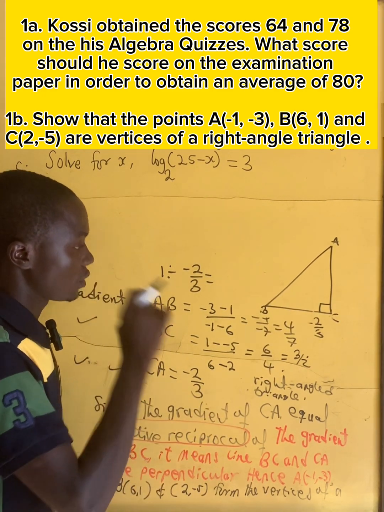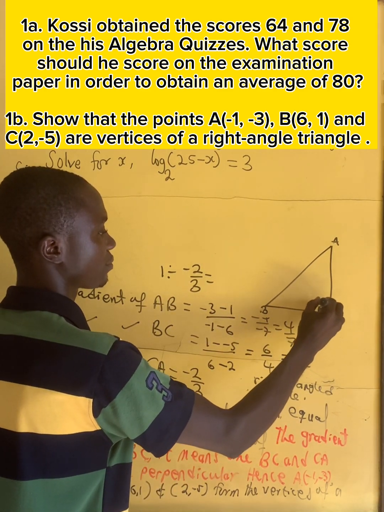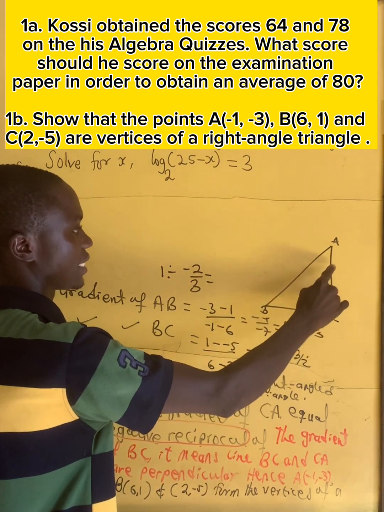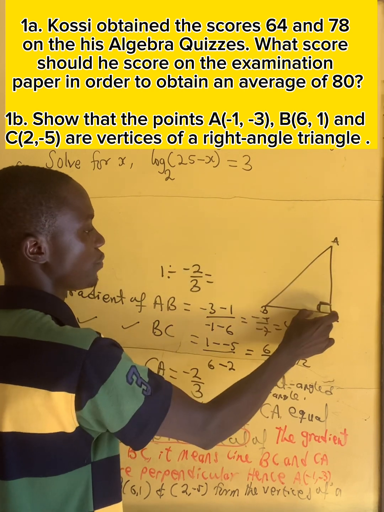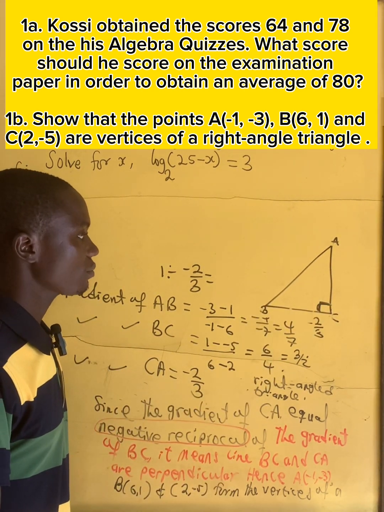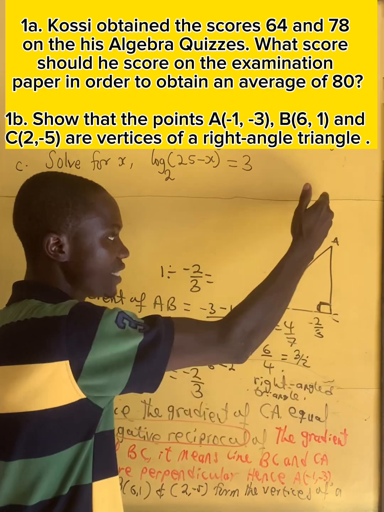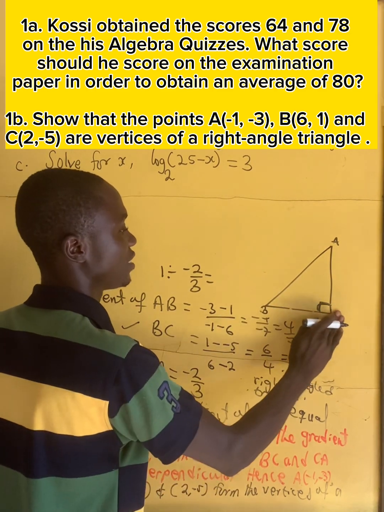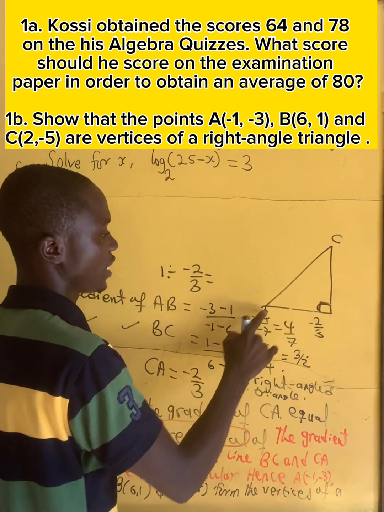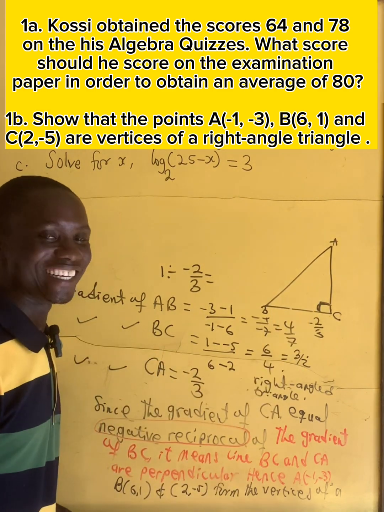Or you can draw it in a different direction, but the angle should be on C. The 90 degrees should be on C. That is BC and AC or CA meets this line at an angle of 90 degrees in a very simple way. This line is AC. The same line is CA. Or if you are confused, we can put the C here. If you put C here, it becomes BC. No. So the C should be here and the A should be here in a very simple way.